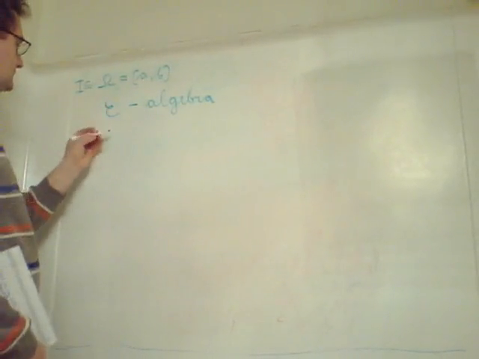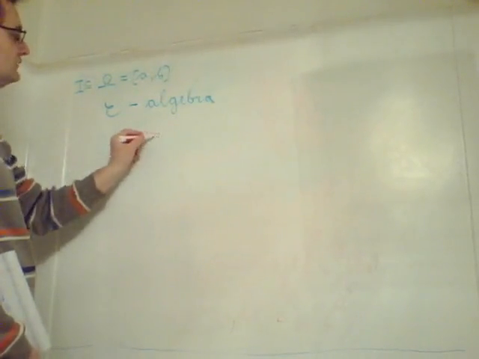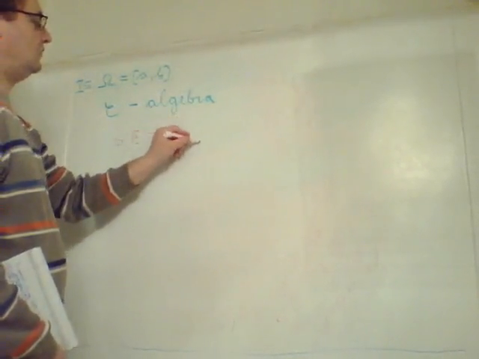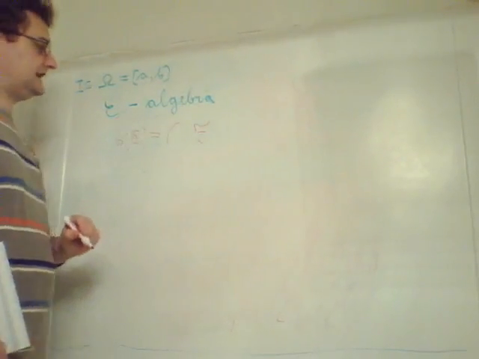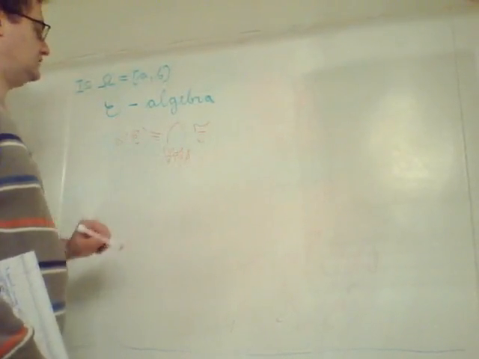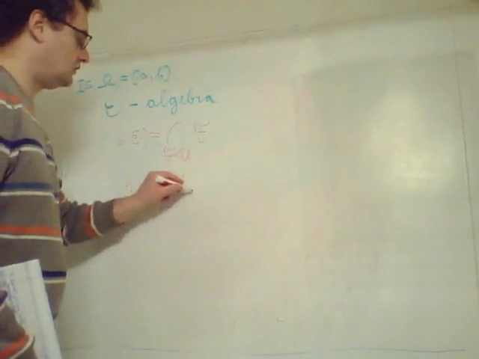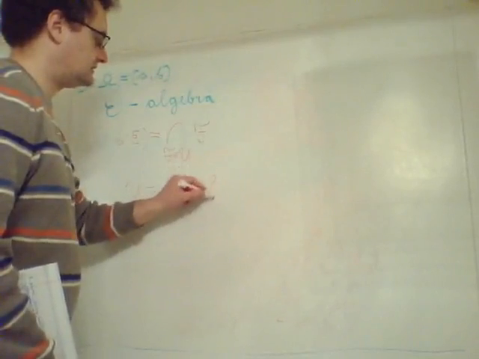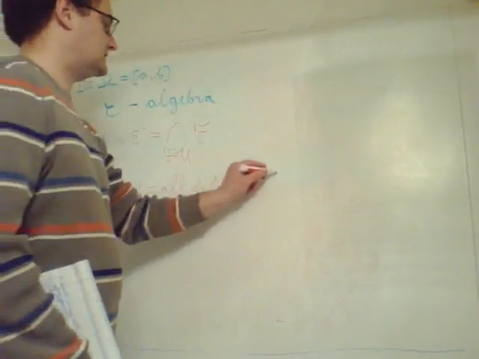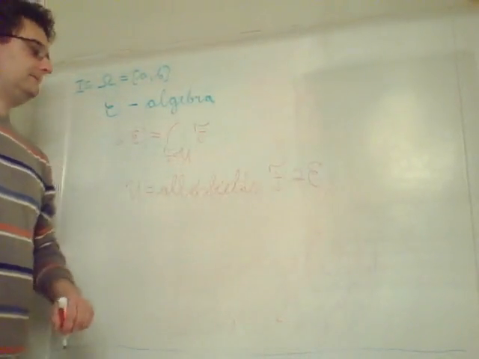So define sigma of E as the intersection of all sigma fields F such that F is in the collection U, where U is the collection of all sigma fields that contain this algebra E.